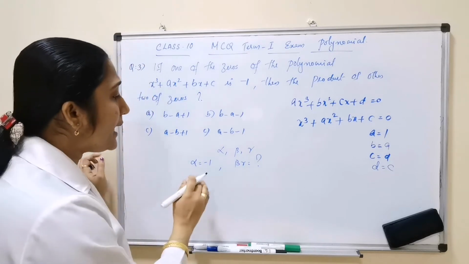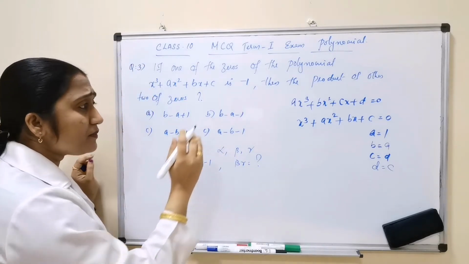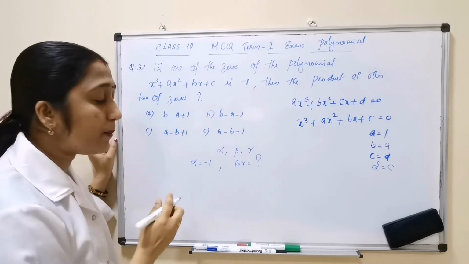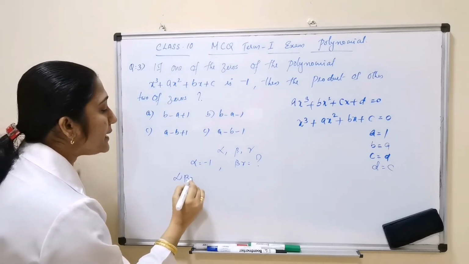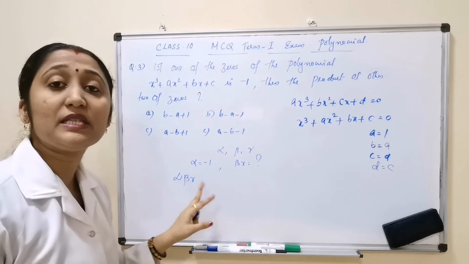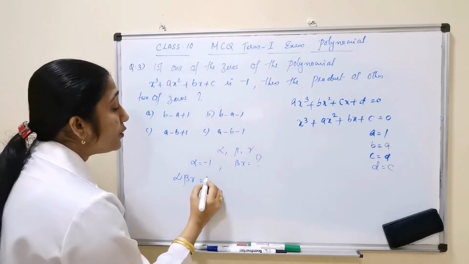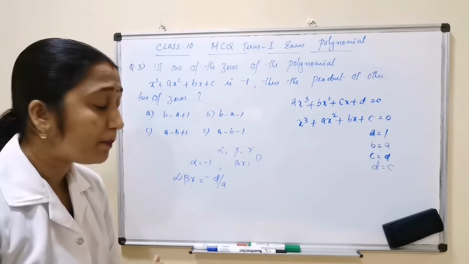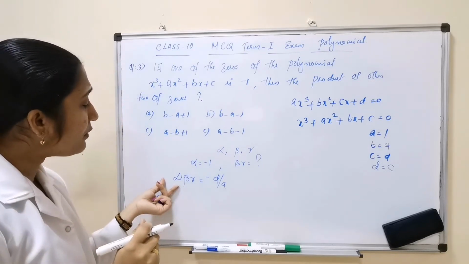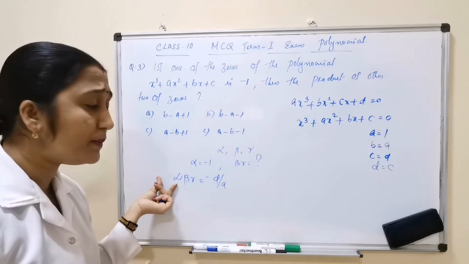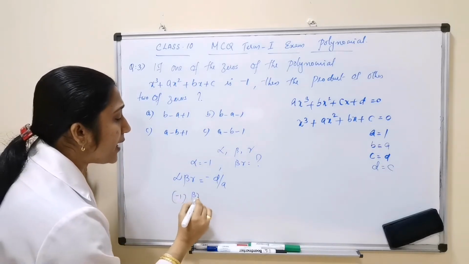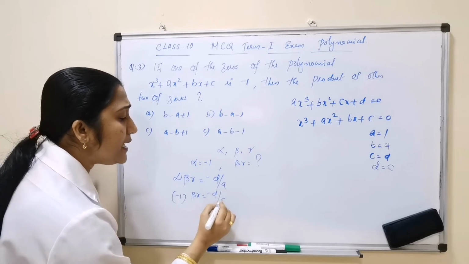But here we know the product of the zeros of the cubic polynomial: alpha beta gamma equal to minus d by a. So we substitute -1 here: -1 into beta gamma equal to minus d by a.